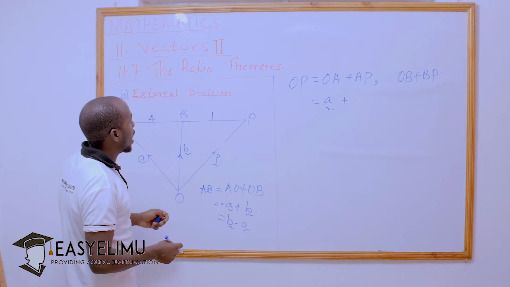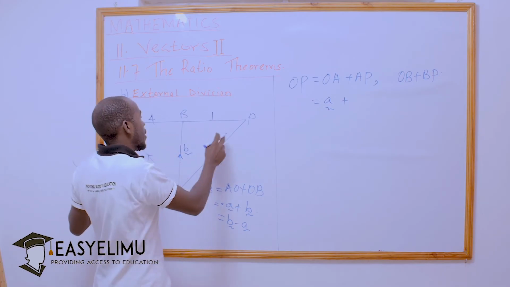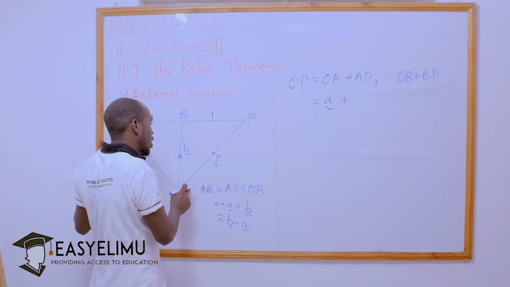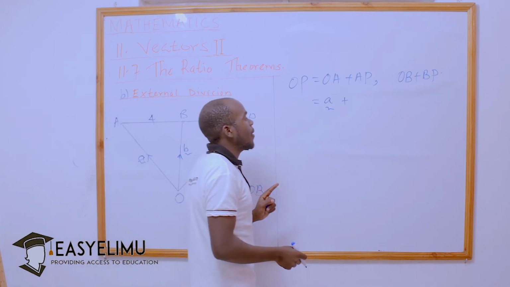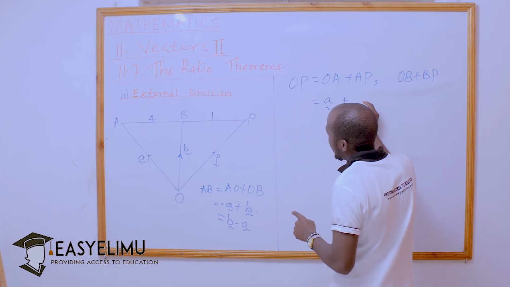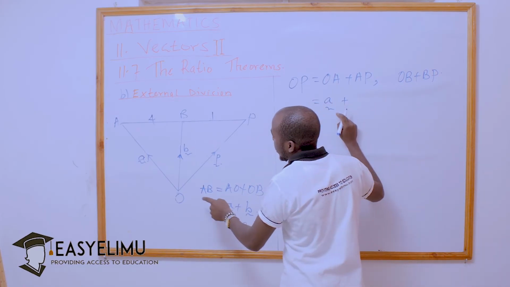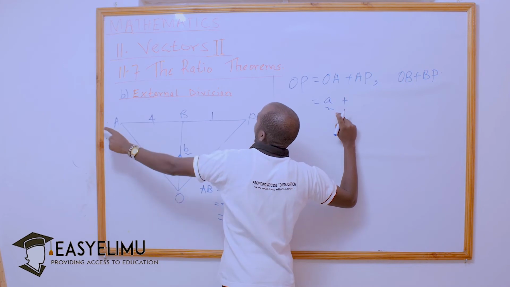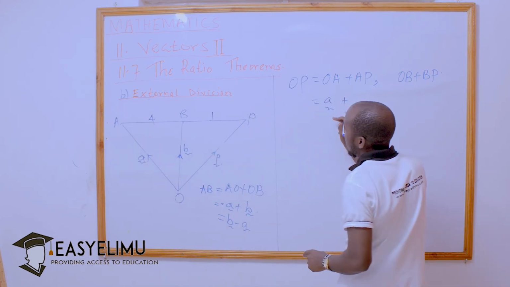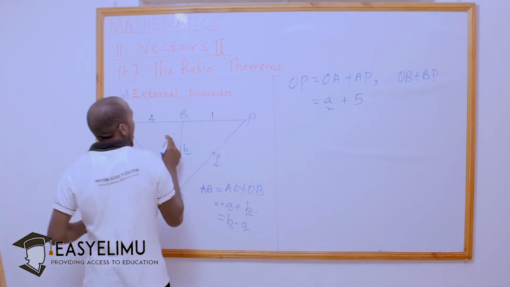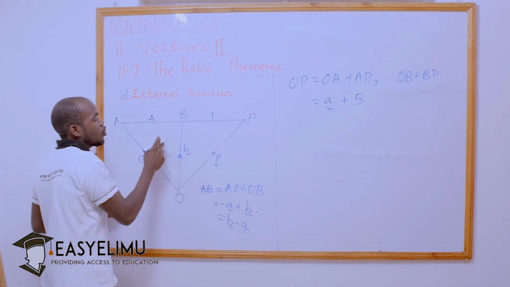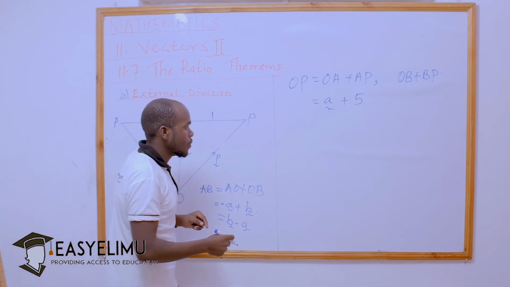From there we can now find the position vector of P in terms of A and B. We shall take route A, which is OA plus AP. But remember the total ratio there is 5, because we add one external division which makes it 5.